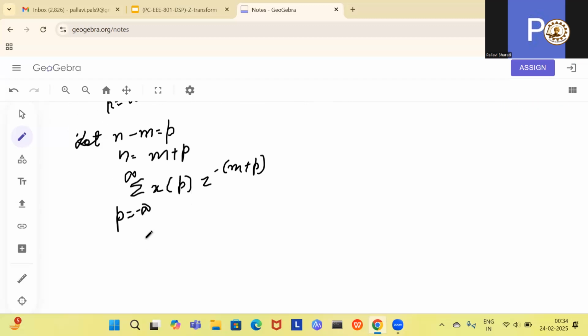Now, you can write this as sum over p equals minus infinity to infinity, x of p, z to the power minus m into z to the power minus p.